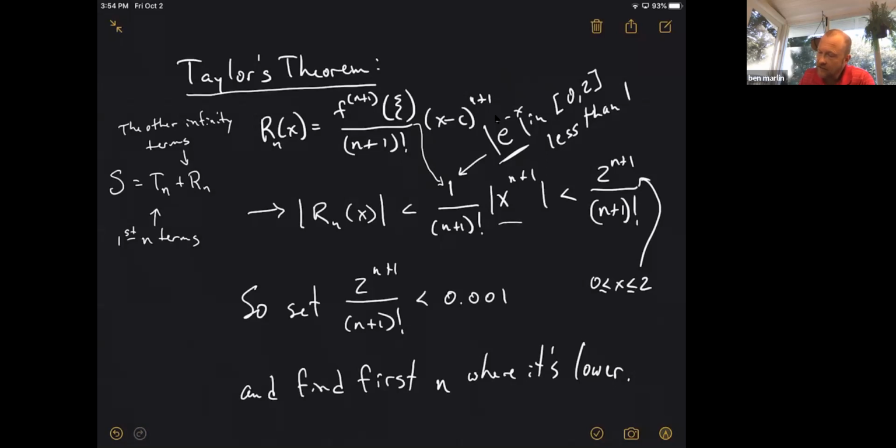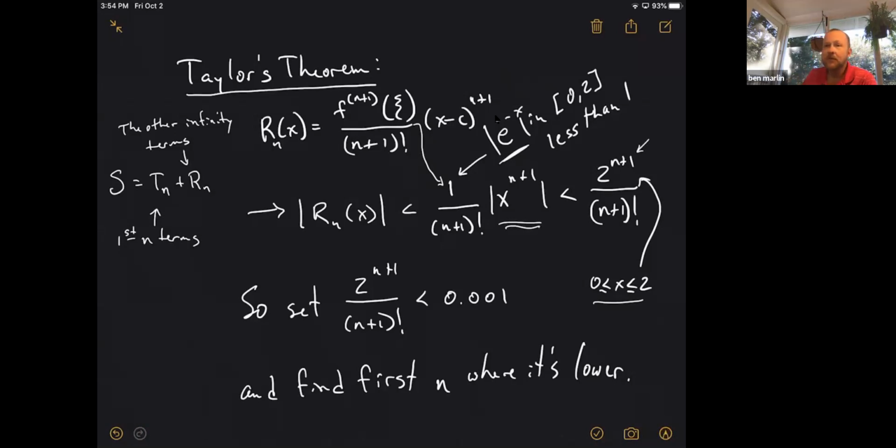Then this x to the n plus first part in there, we also can put an estimate on that. Since the x is between 0 and 2, the biggest thing there is going to be to plug in x equal 2. And so our estimate here, the biggest it can be is 2 to the n plus 1, and then divide by n plus 1 factorial.